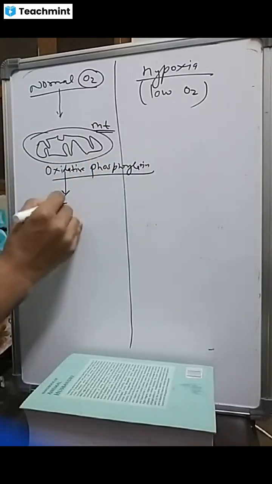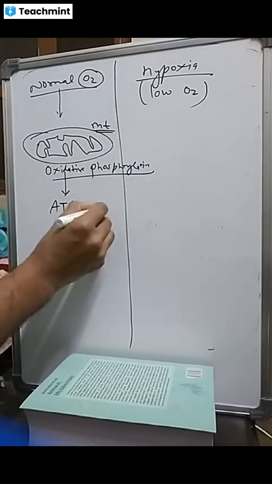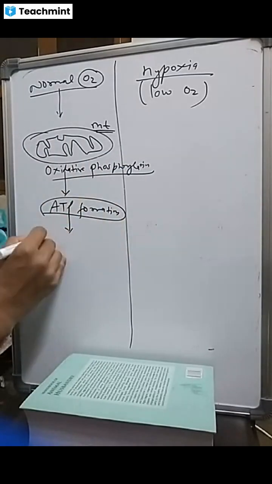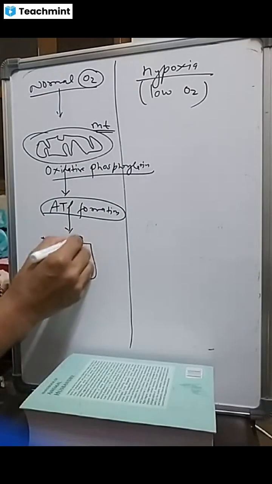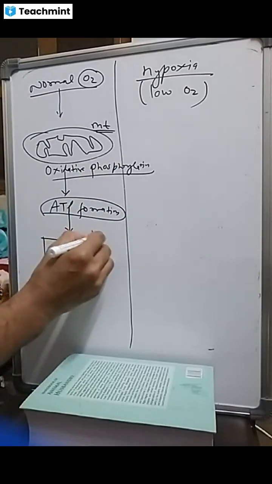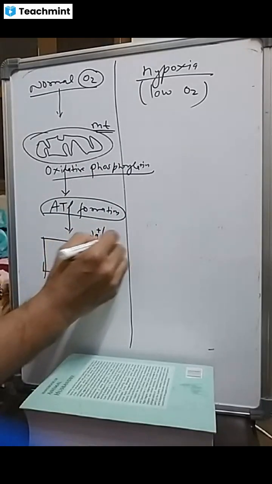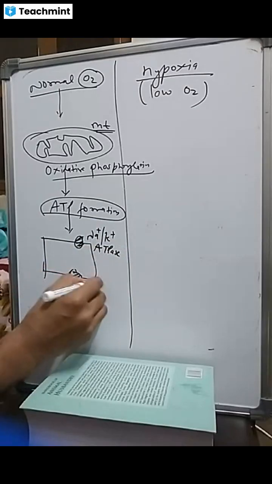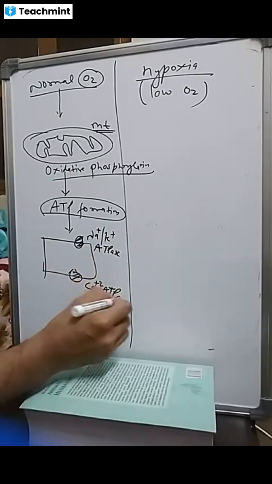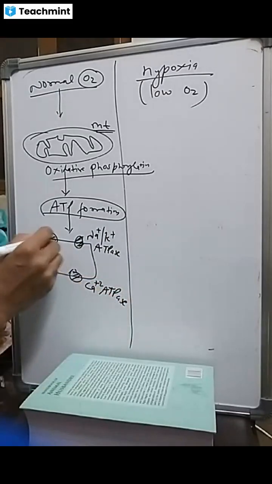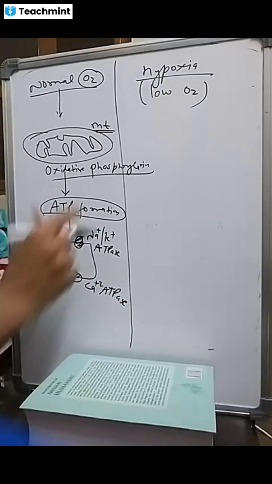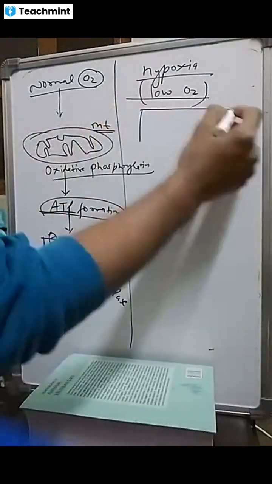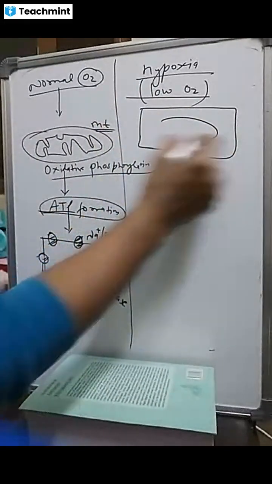What is the role of oxidative phosphorylation? ATP formation. Who is utilizing this ATP? The cell. In our cell there are sodium potassium ATPase, calcium ATPase and many more. These are utilizing this ATP. This is the cell and this is the mitochondria.